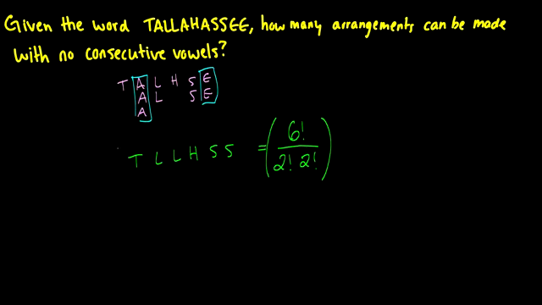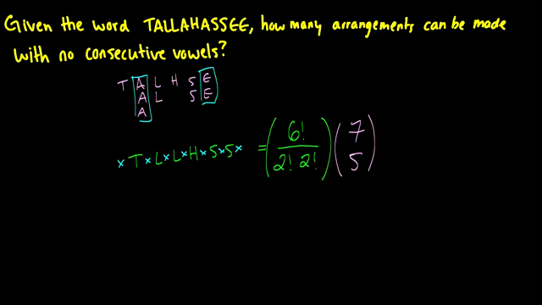We can place one before the T, between the T and the L, between the L and the L, the L and the H, H and S, S and S, and right after the S. So there's 1, 2, 3, 4, 5, 6, 7 positions we can choose to put the vowels. So that's 7, and there are 5 vowels, so we have to choose 5. Now we've chosen 5 out of 7 positions.